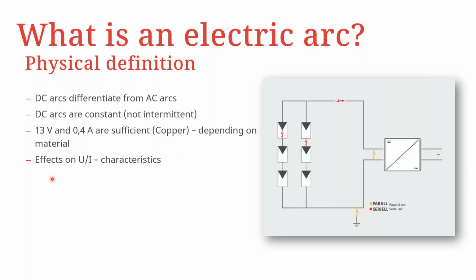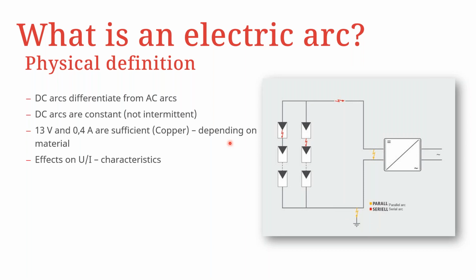And of course, like mentioned before, this would have a serious effect also on the IV characteristics. So as you can see here, we have what we refer to as the serial arcs that are happening within the PV array and the connection thereof, and the parallel arcs that are happening near the inverter or the grounding area of the PV system.